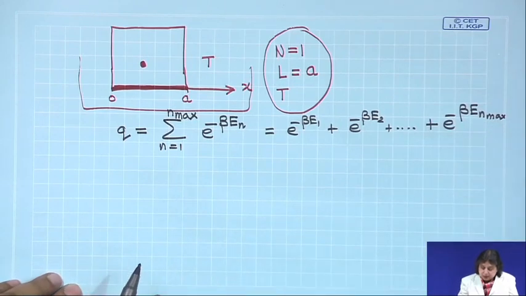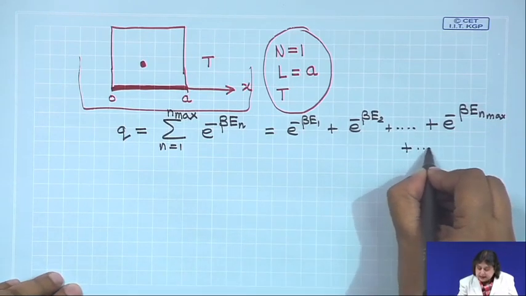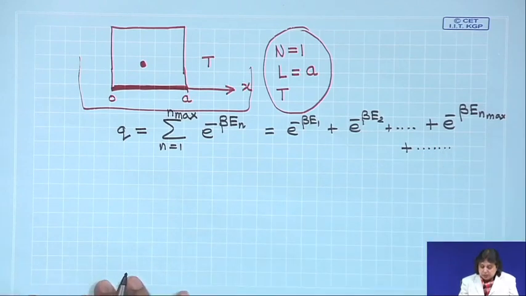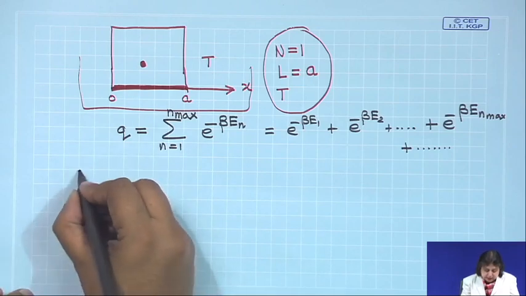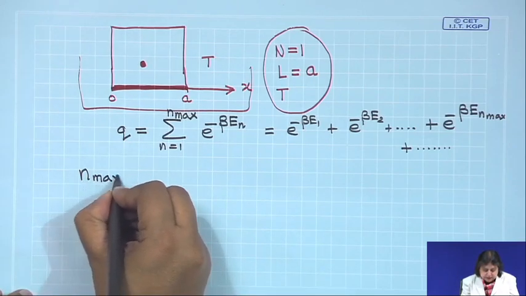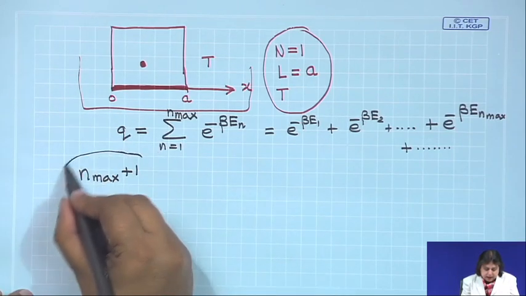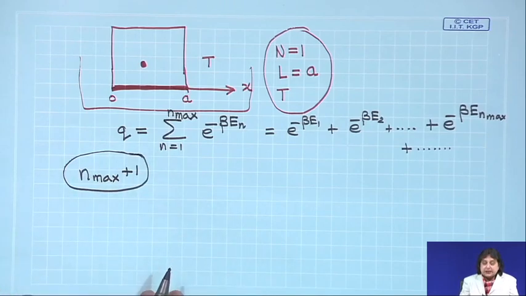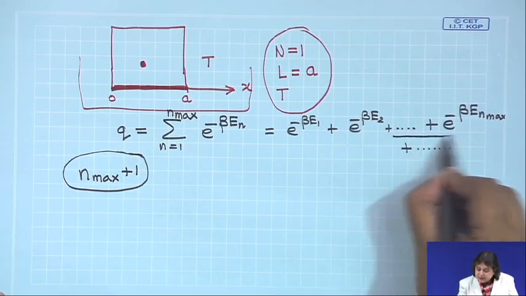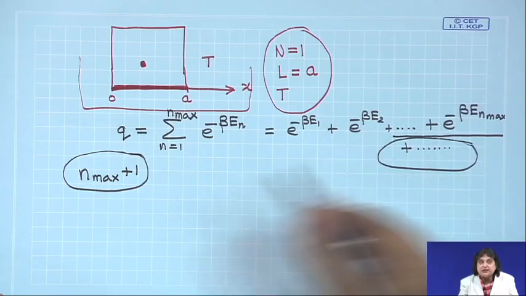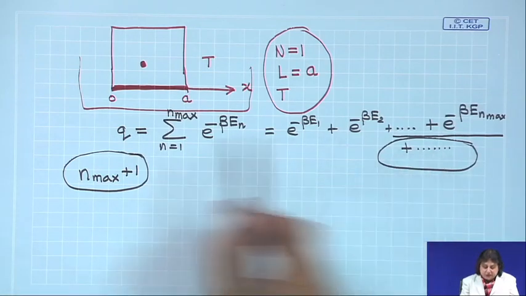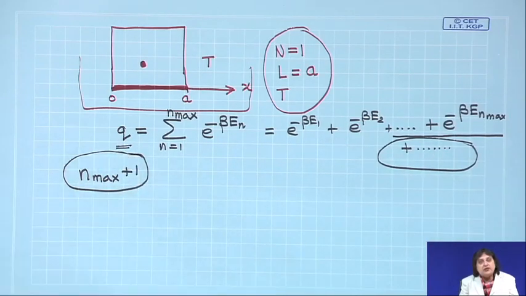If that is so, then there will be other terms as well, which correspond to values of n greater than n max, something like n max plus 1. If it so happens that I can truncate at this position and ignore any of these terms, that will give me a rather accurate numerical evaluation of this summation, and thereby an accurate estimate of small q.